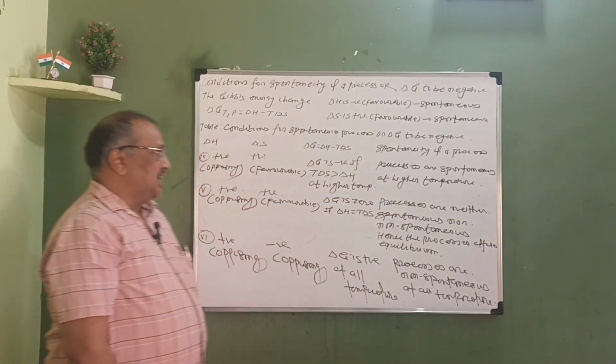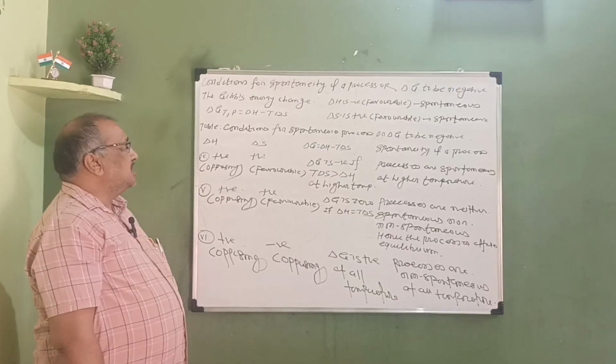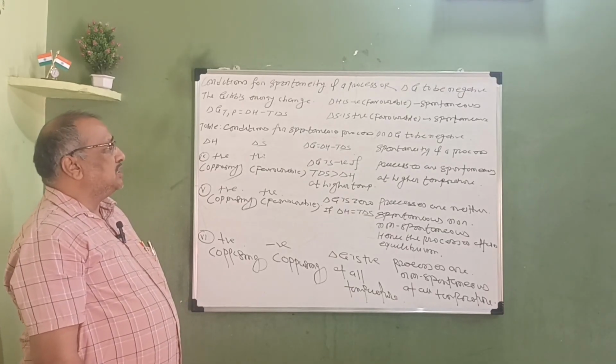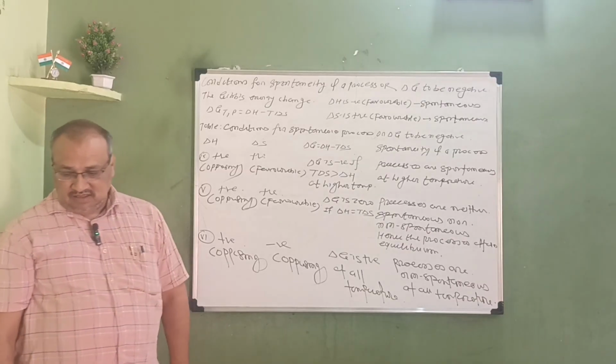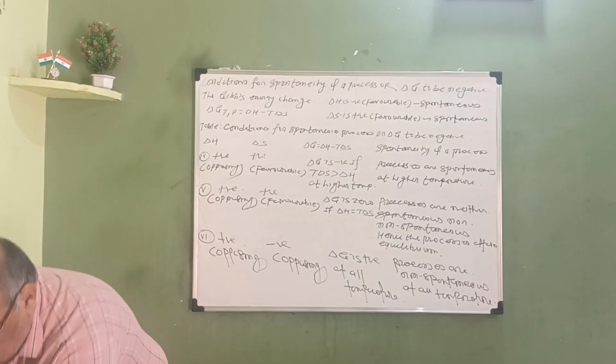Now this is regarding the conditions for spontaneity of a process, or delta G to be negative.